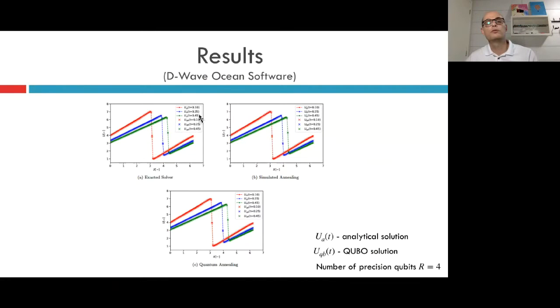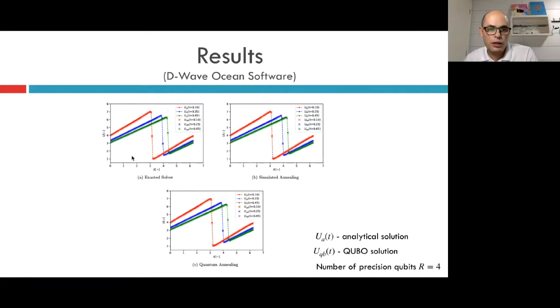Our results using the D-Wave quantum computers are here. Here in the vertical axis, the variable U, the solution of the Burger's equation, and here in the x-axis is the position, while different colors indicate different times in which the solution is obtained.